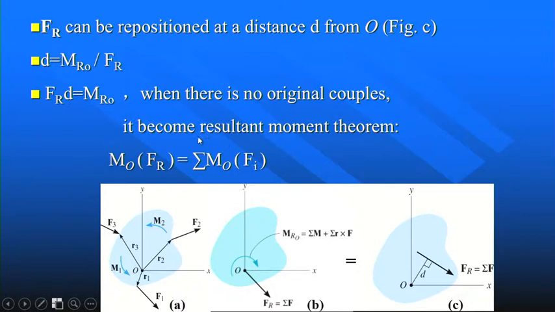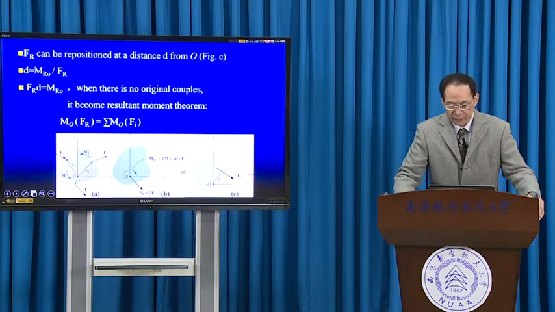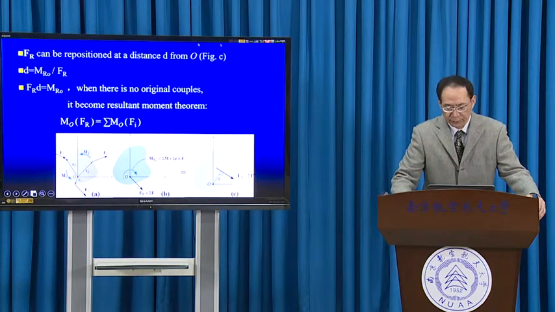So this is called the resultant moment theorem for the general planar force system. This is a byproduct of this force reduction process.